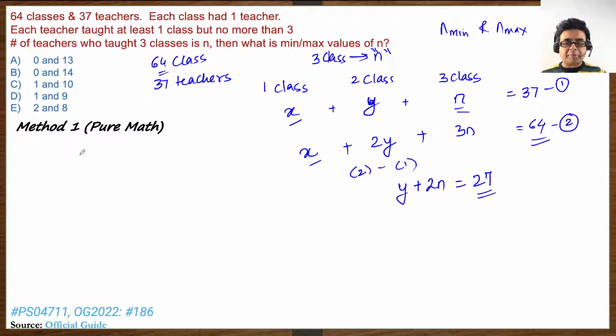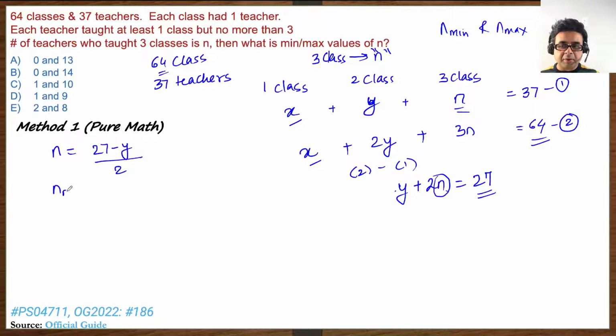So in the end, we need to find this number, right? The minimum and maximum value of this. So let me first express everything in terms of this number. So n will be 27 minus y divided by 2, correct? I just simplified this equation into this.